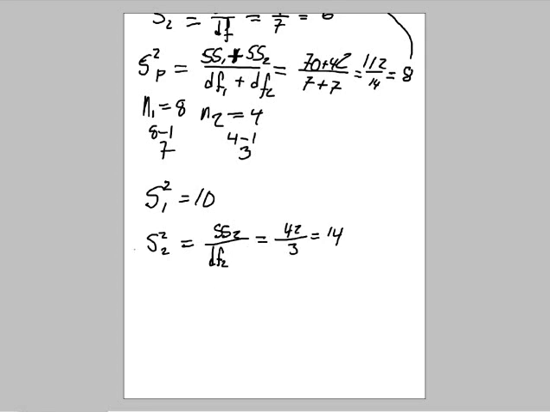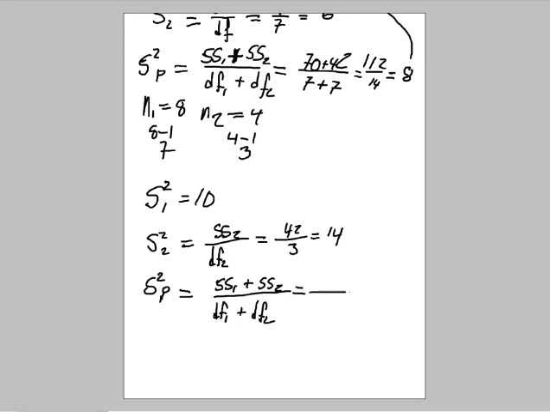Now, if we have that pooled variance again, S squared P is going to equal SS1 plus SS2 divided by DF1 plus DF2.